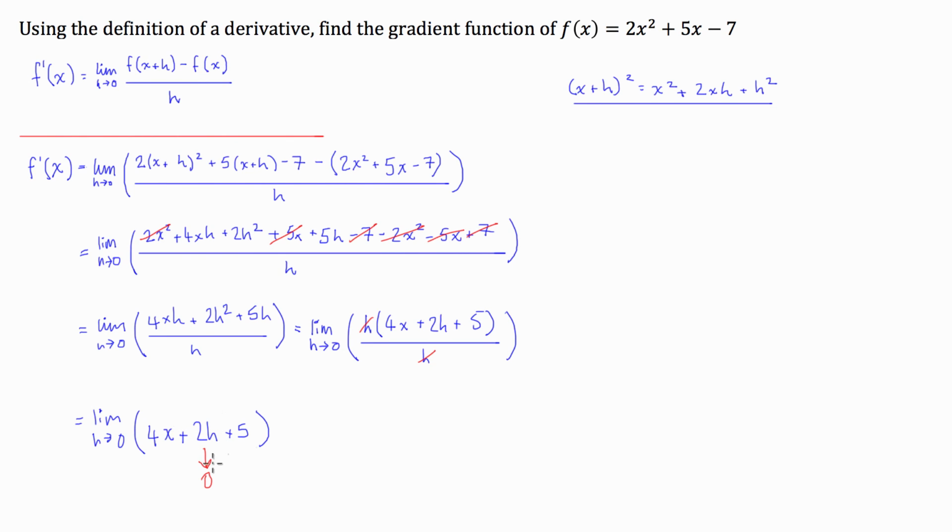So because that goes to 0, we can then say, well, therefore, f prime of x, or our gradient function, is what the question's asking, is equal to 4x plus 5.